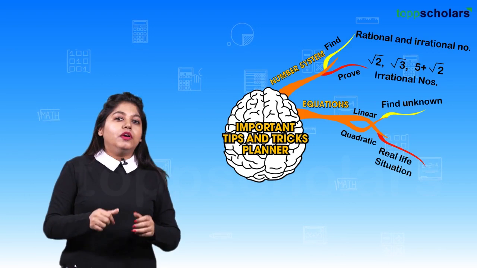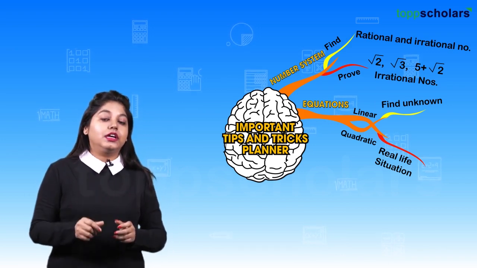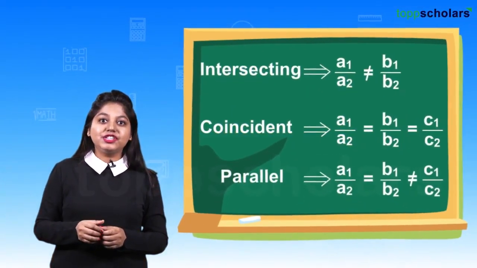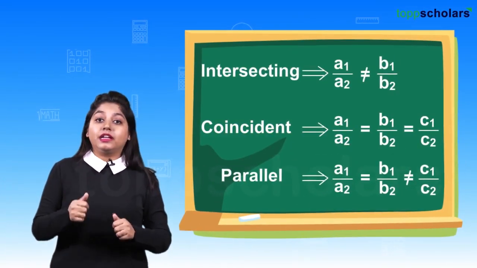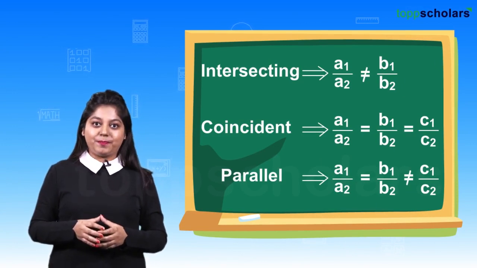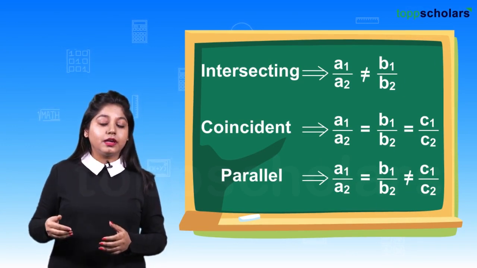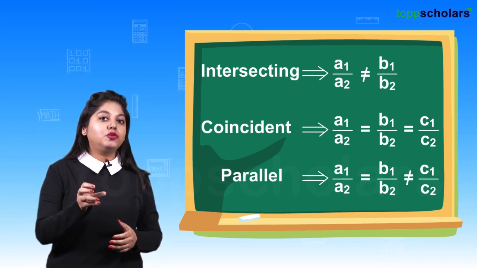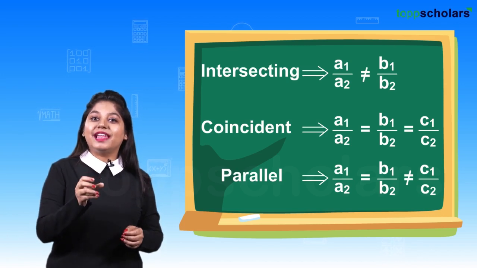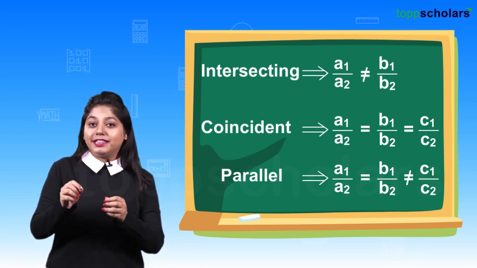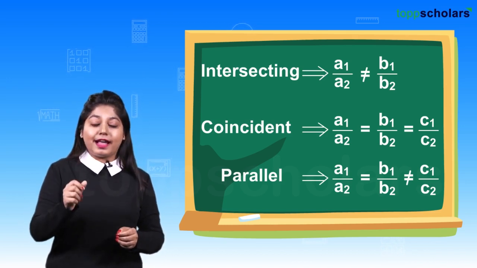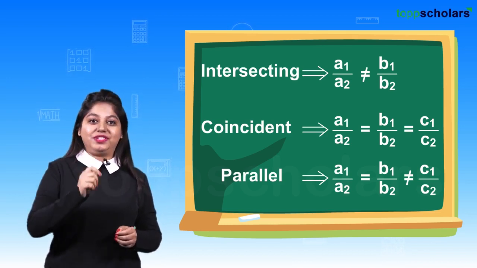Okay, so for linear equations, you need to actually go for the conditions. Conditions for intersecting lines, condition for parallel lines, as well as for coincident lines. When you go through these conditions, you will easily understand how to find the value of unknown, or when you are given some real life situation in the paper, you will be able to study those situations, and based on that, you can easily answer the questions.